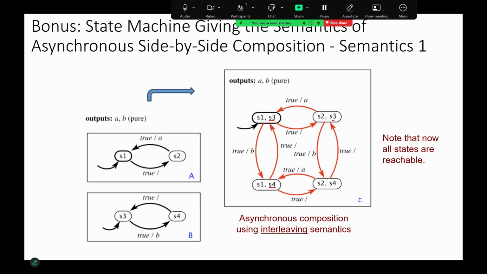And here note that some states become non-reachable, and, as you mentioned, the semantics become non-deterministic. But here it was a deterministic state machine, right? But the semantics become non-deterministic, as a note on that also.